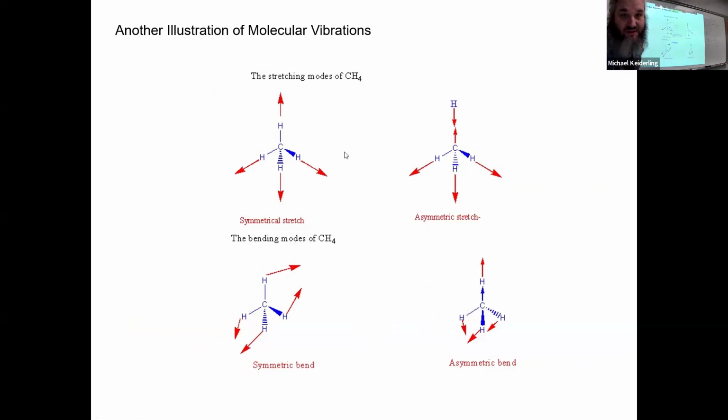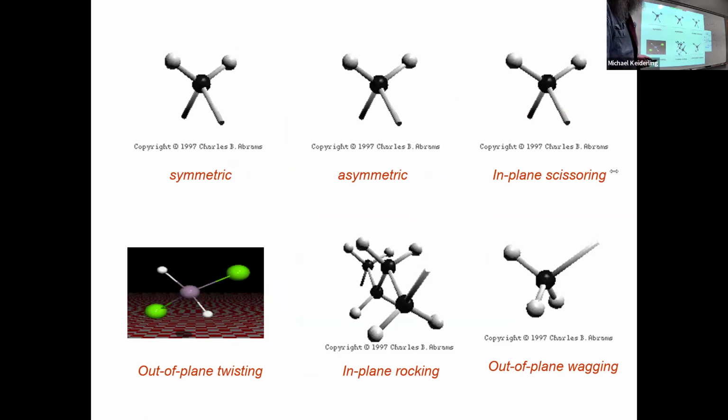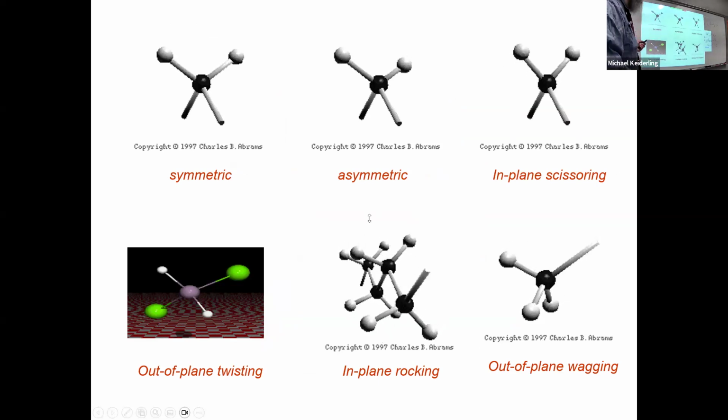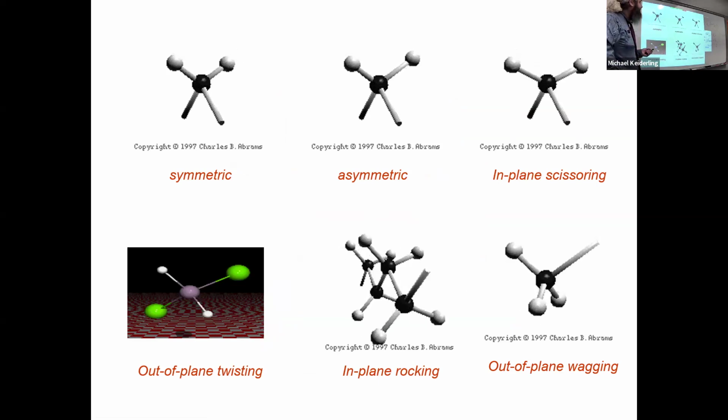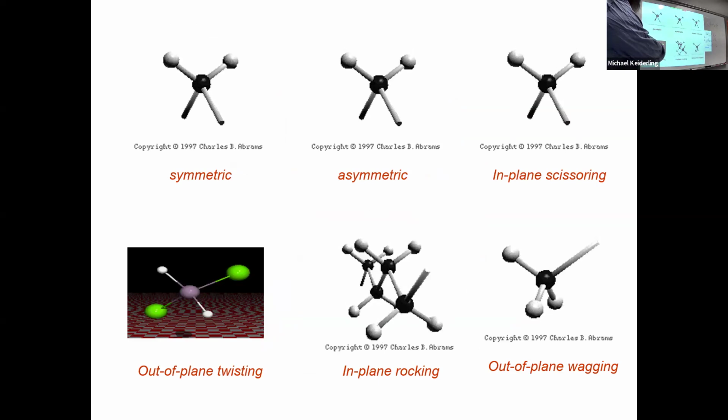Yes, you have a question in the chat. How do you tell the difference between out-of-plane and in-plane rocking? You have some defined plane that's your reference. Here, the plane is perpendicular to this backbone.